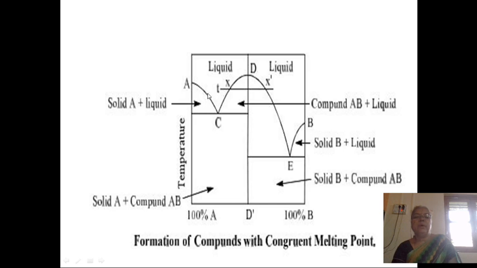So the curve AC is a univariant curve. Then see this curve, curve BE. Along the curve BE, two phases are in equilibrium, solid B and liquid. And this curve is also a univariant curve.